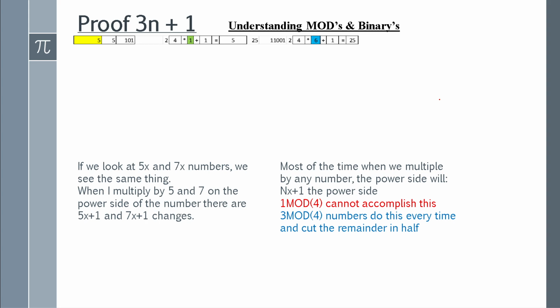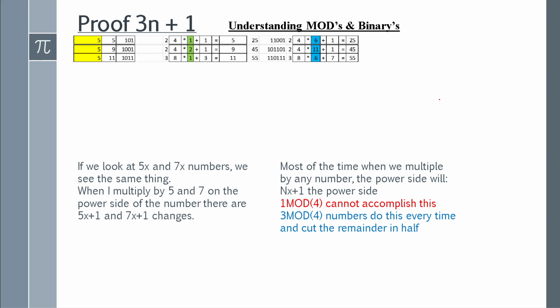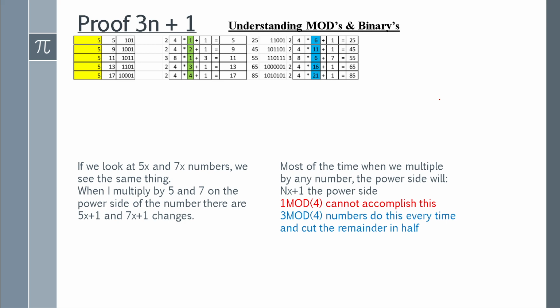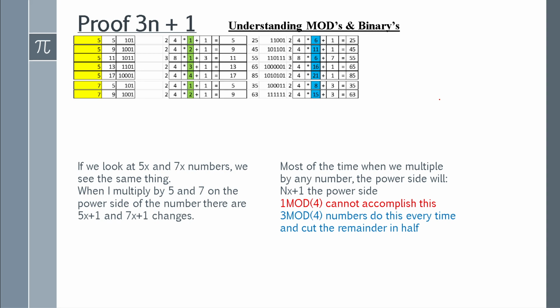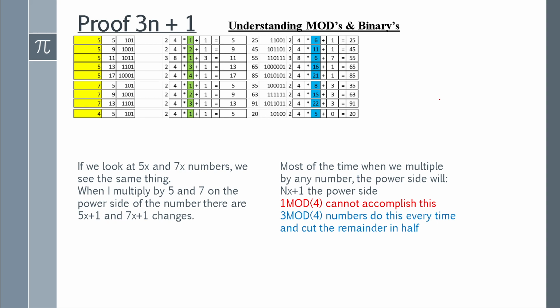So 5 times 1 is 5 plus 1 is 6. 5 times 2 is 10 plus 1 is 11. 3 times 5 is 15, and we get 16, right? 4 times 5 is 20 plus 1 is 21. 7 times 1 is 7 plus 1 is 8. 7 times 2 is 14 plus 1 is 15. 21 plus 1 is 22.